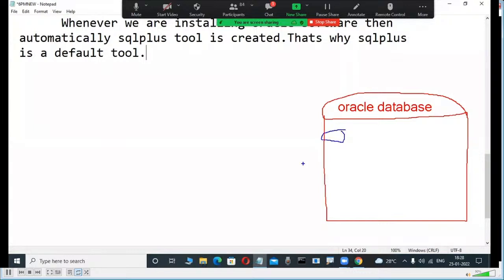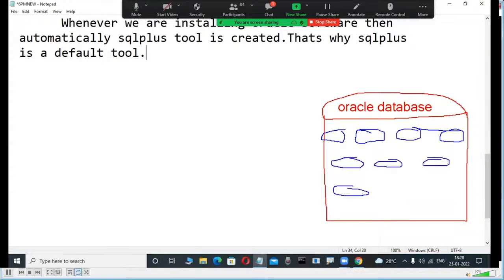Some tables are there. Those objects we learn in our course. Collections of tables, procedures, functions, triggers, like this. So many database objects are there. This is the way they are representing them.